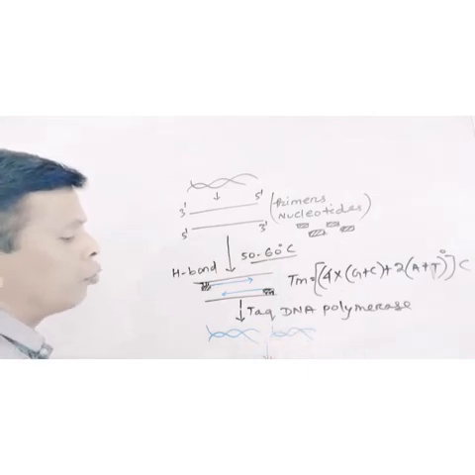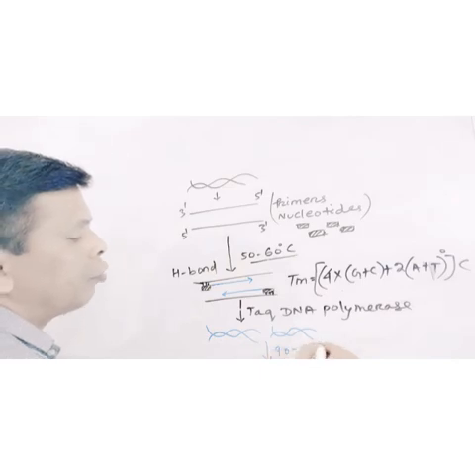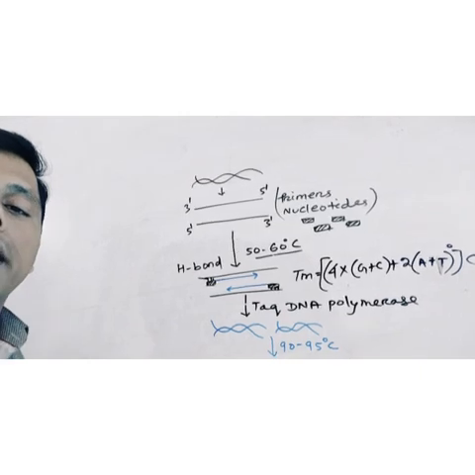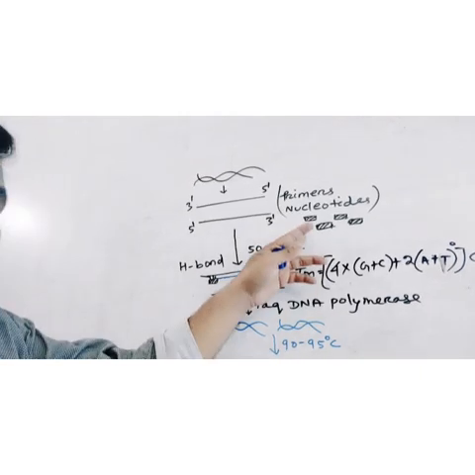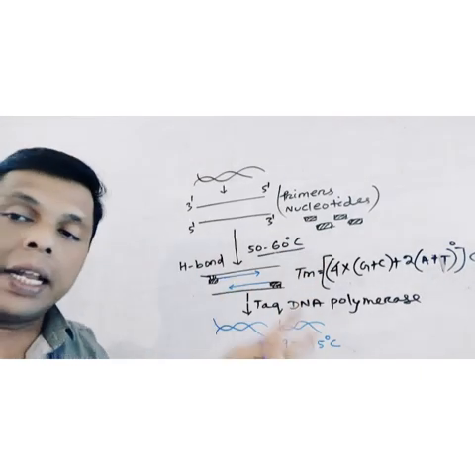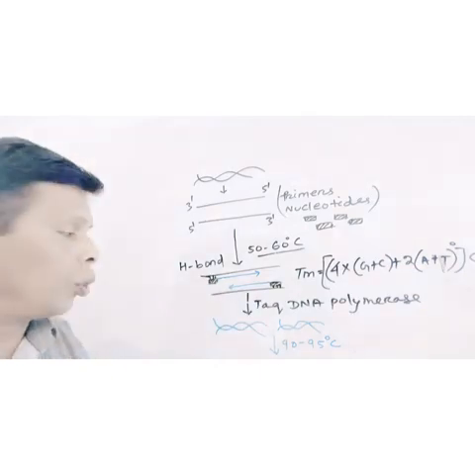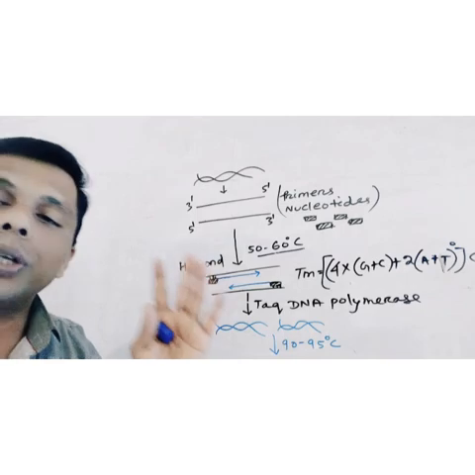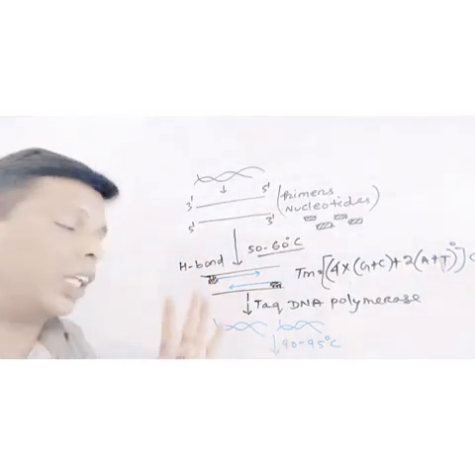Again, we follow the same process, 90 to 95 degrees Celsius for denaturation. The nucleotides and primers have already been added in excess, so there is no need to add them again. We renature again.